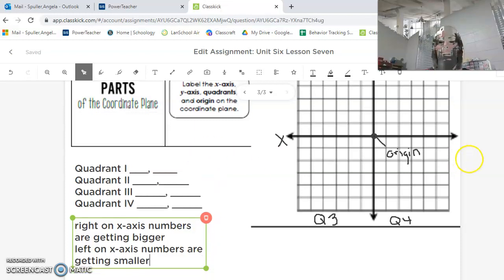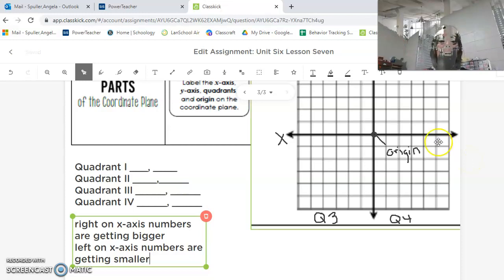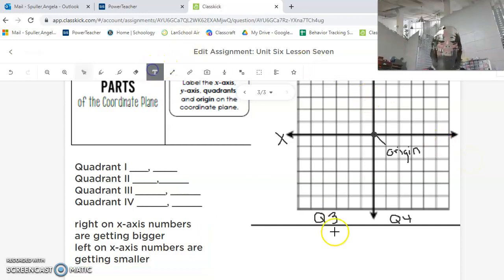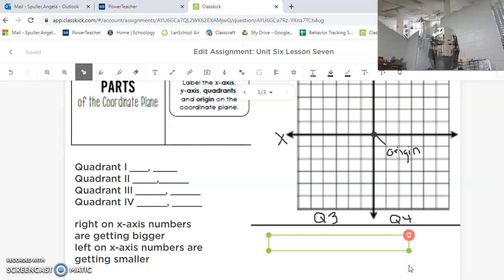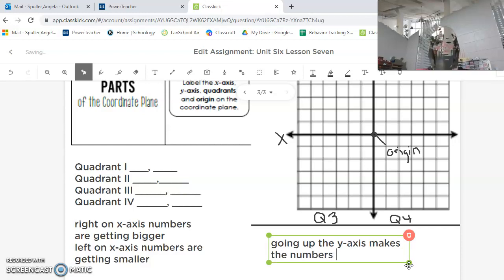Okay, now the y-axis, our vertical one going up and down. Let's look at the rules for that. Going up the y-axis makes the numbers get bigger.